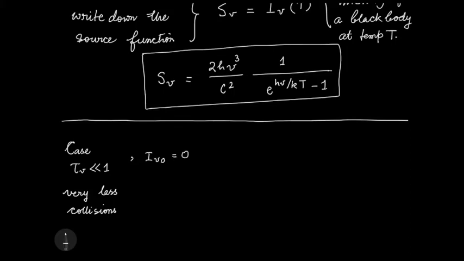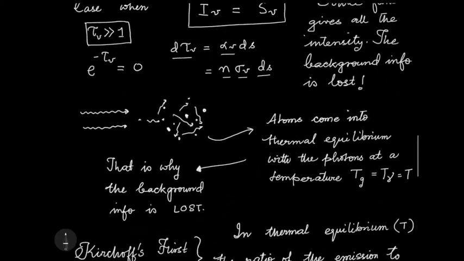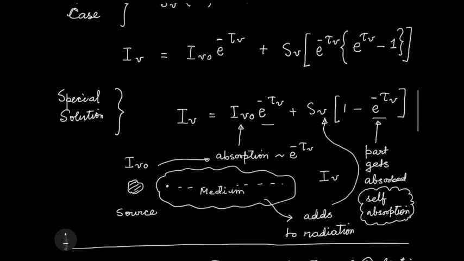Here, for the sake of understanding, we also consider that I nu 0 is 0, so there is no background source at all. It's all that gas, that medium, emitting and doing self-absorption. So in this case, let's see what my I nu will be.